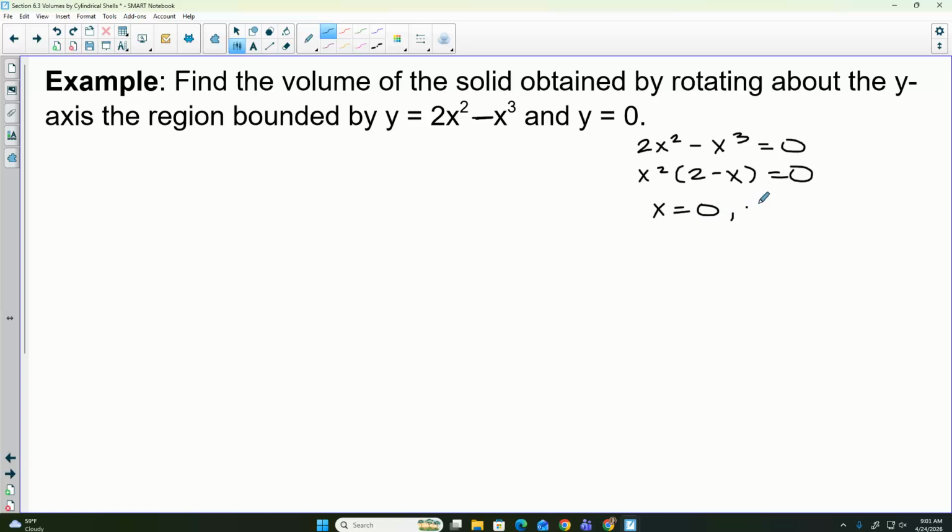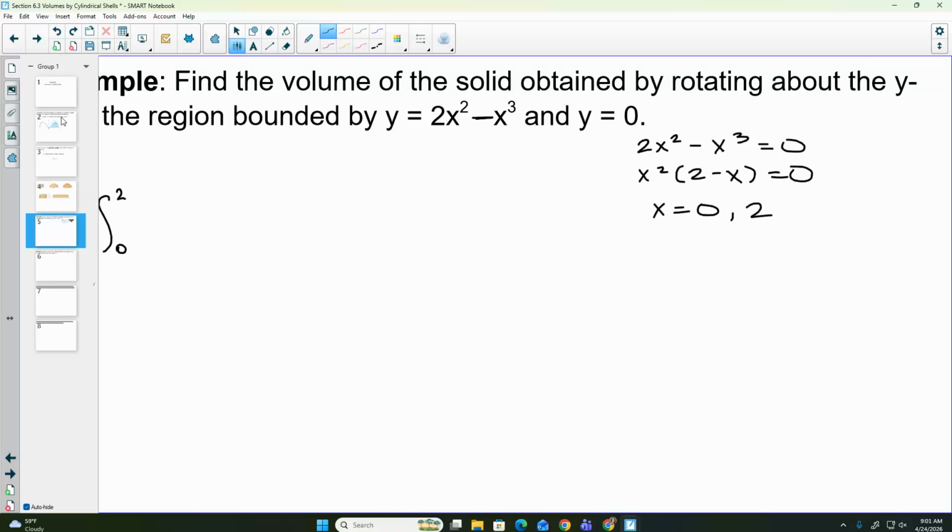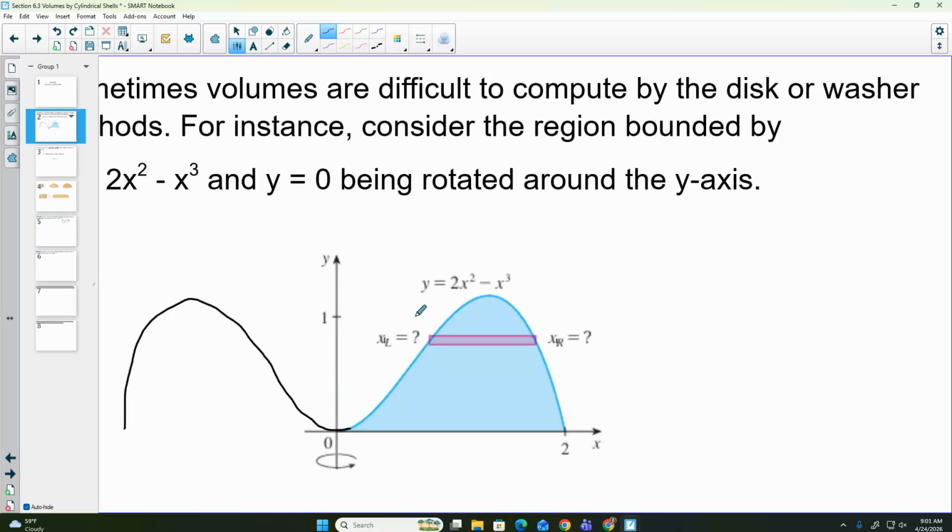That gives me 0 and 2. And the reason we're working in terms of x is because if I cut this and unfold it, when I'm rotating around the y, I have those x values measuring it if I unfold my circle.